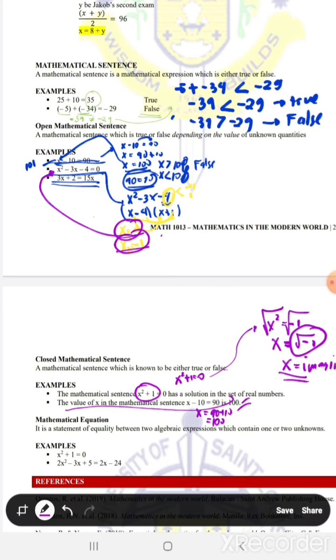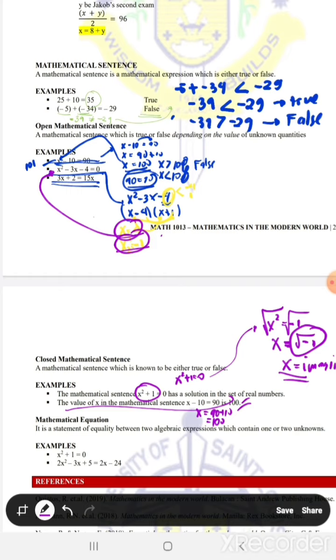Next is the mathematical equation. If you are talking about the mathematical equation, you are asked to solve for the problem. It is a statement of equality between two algebraic expressions which contain one or two unknowns. Actually, a mathematical equation is synonymous to your mathematical sentence.